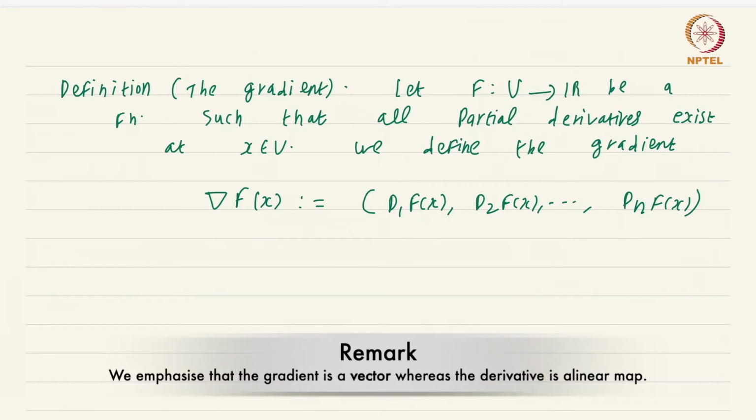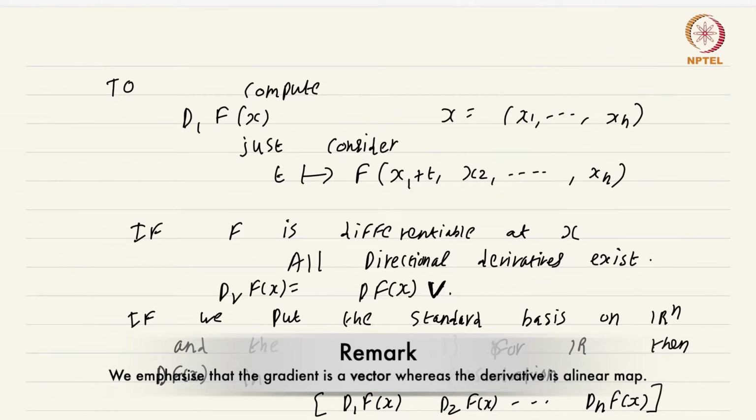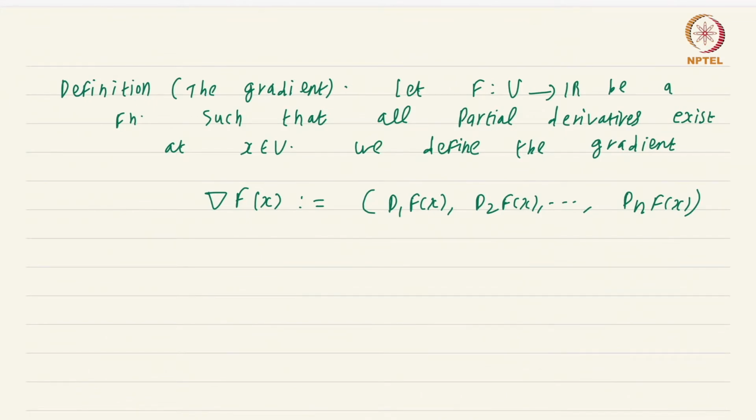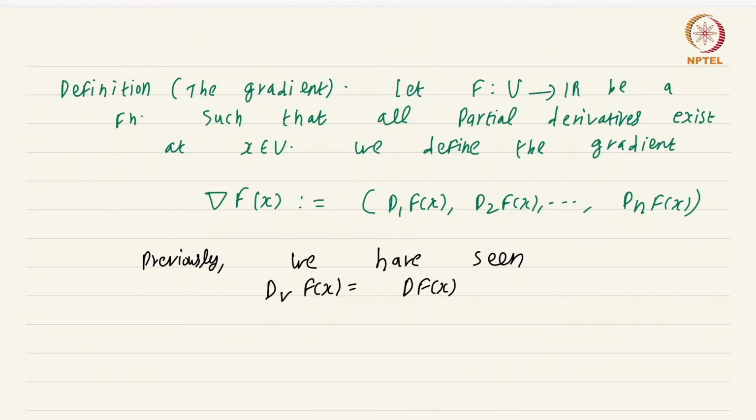Now, rephrasing this expression in this slide, that Dv f(x) is Df(x) v, we can write that in terms of the gradient as well. Previously we have seen that Dv f(x) is nothing but Df(x) v, but this expression, Df(x) in its matrix form, is just going to be the row matrix d1 f(x), ..., dn f(x).